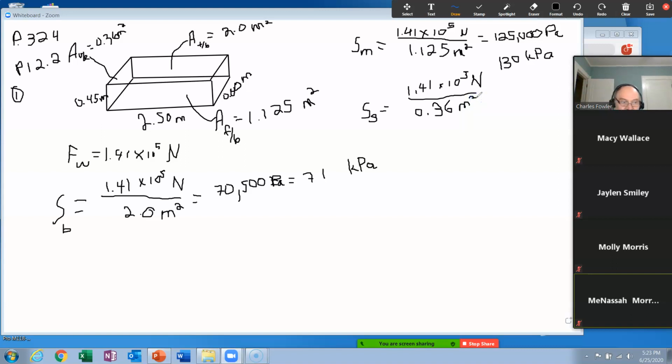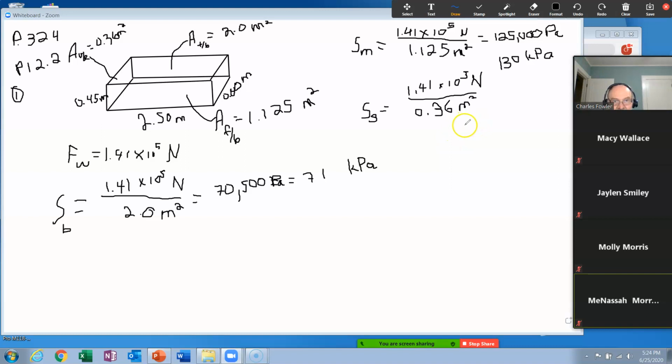Okay, get your old calculator again. 1.41 EE 5 divided by 0.36 square meters, and that gives me 391,000 and change pascals.